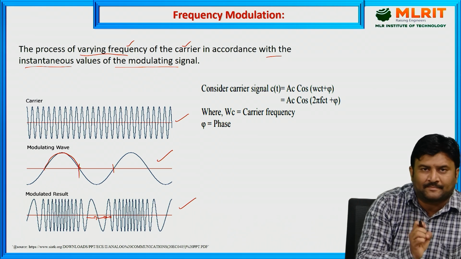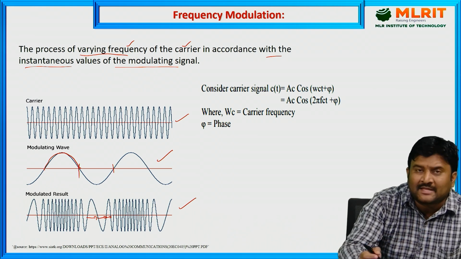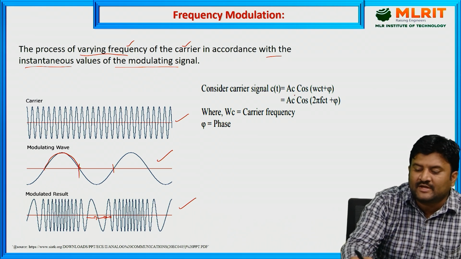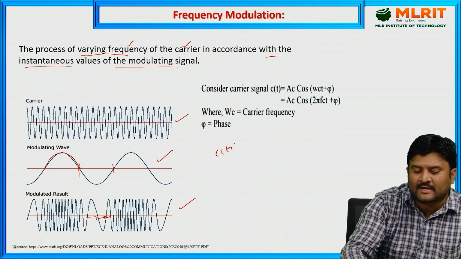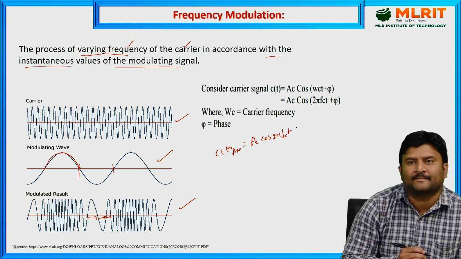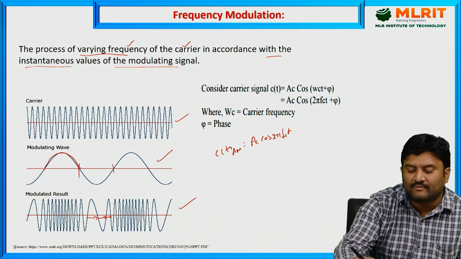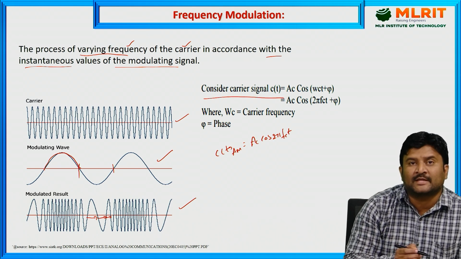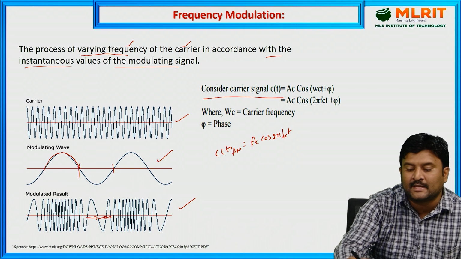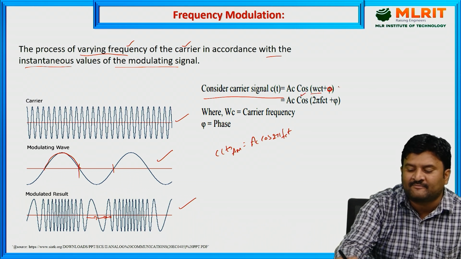Therefore, mathematically, observe here, c(t) is equal to Ac cos(omega_c t + phi). In the case of AM, c(t) is Ac cos 2 pi fc t only. But in the case of angle modulation, the carrier signal representation should be Ac cos(omega_c t + theta or phi), whatever.